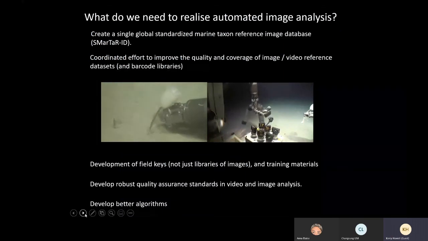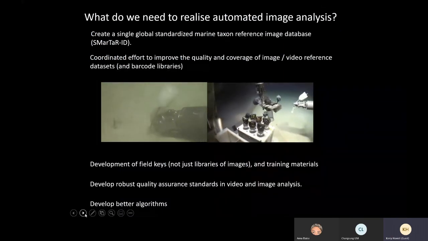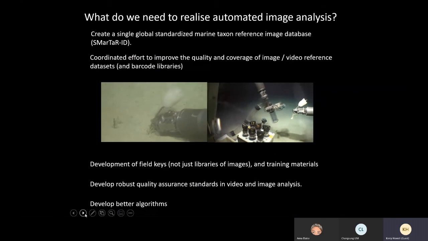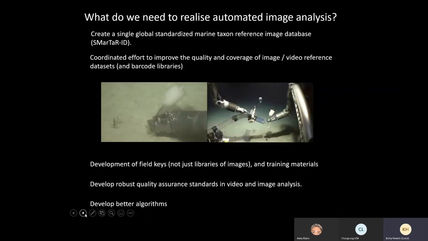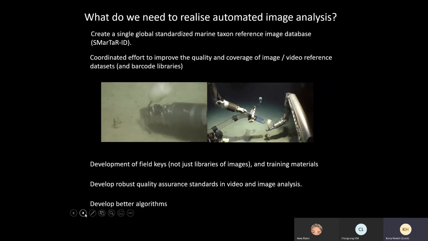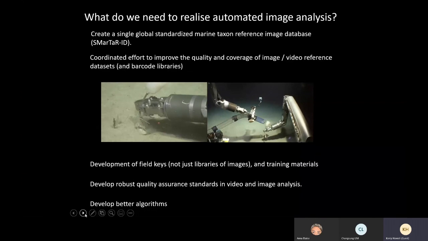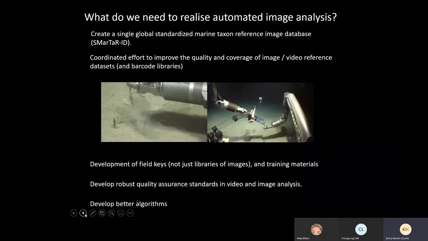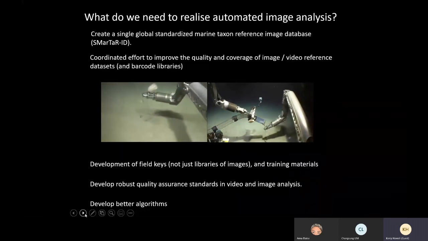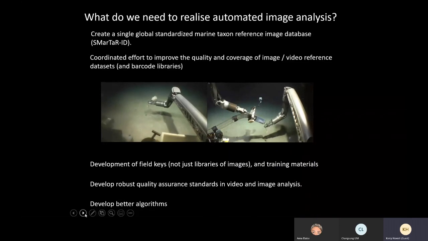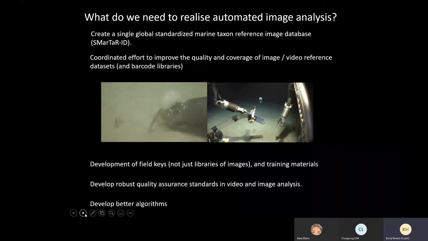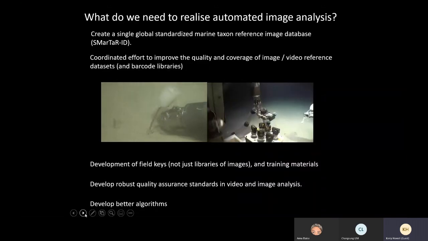And so when we think about what we need to do to realize automated image analysis, to try and break this bottleneck of analyzing these vast data sets, there are quite a few things that need to happen before it's really viable. The first is the creation of a single global standardized marine taxon image reference database, which we are hopefully going to launch next year. The next is a coordinated effort to improve the quality and coverage of images and videos in that database.